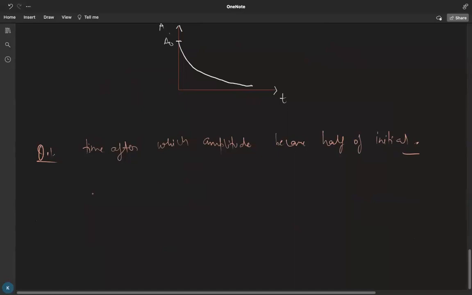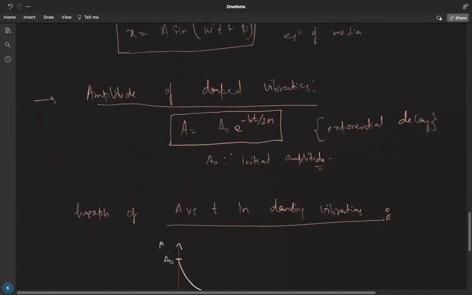So we all know that in case of damping, obviously we are talking about the damping vibration. So we know that at time t is equal to 0, we are assuming our amplitude A is equal to A naught. And we have a relation for the amplitude at some time t is equal to t.